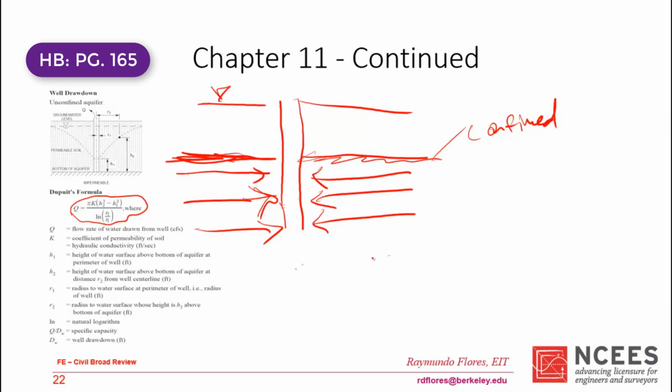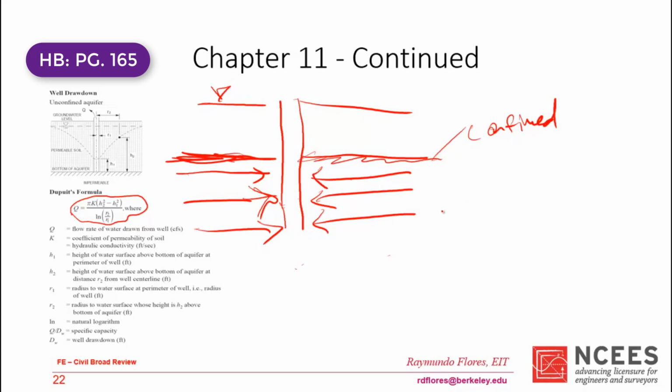So this is the formula for the discharge that would be going through an unconfined location, right? But this is confined. The only reason why I brought it up is because of that difference.